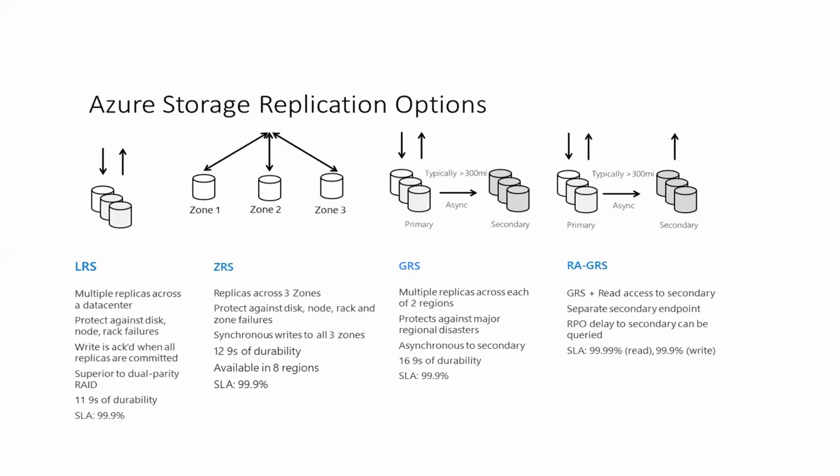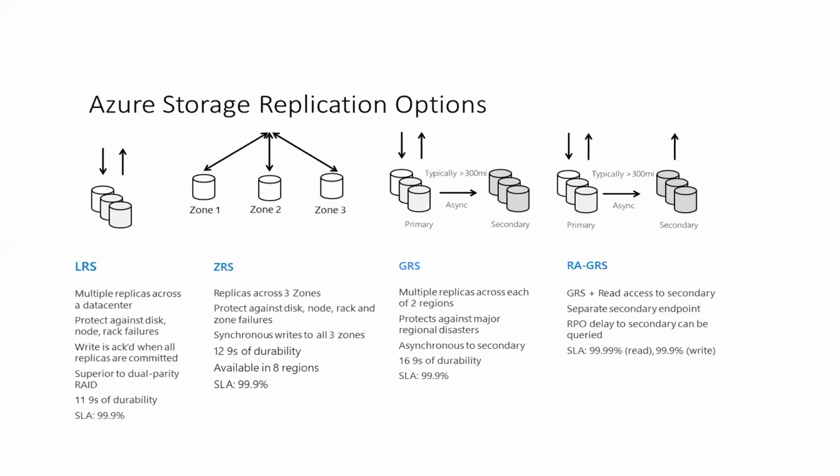Next is GRS, geo-redundant storage. It creates replicas across two regions. So let's take an example of a region, West US or East US, or South India and North India. When you go for GRS, Azure is going to create multiple replicas across different regions, so that if an entire region goes down, we still can access our data.